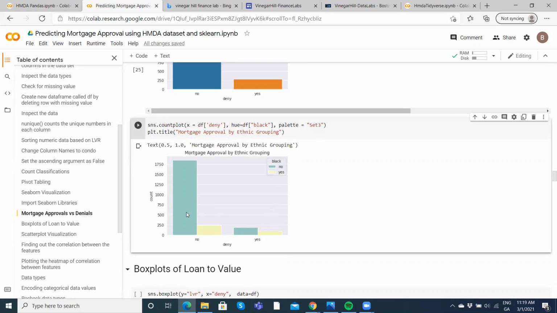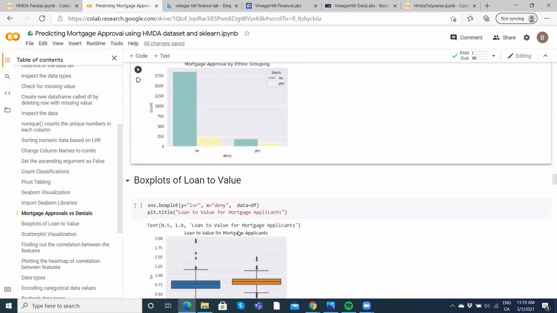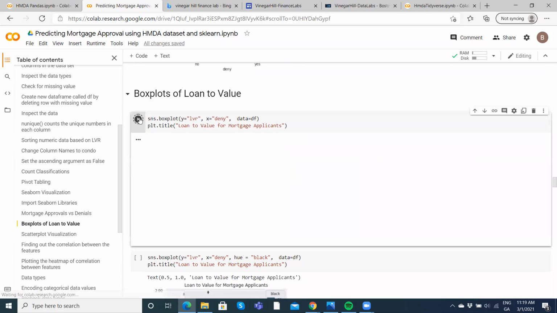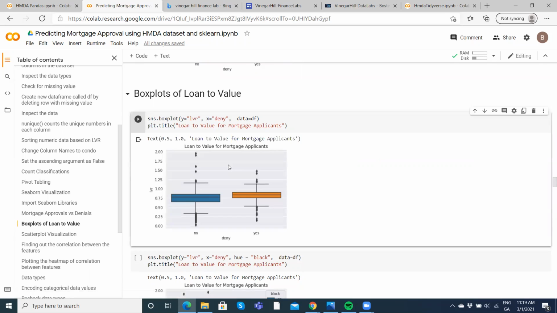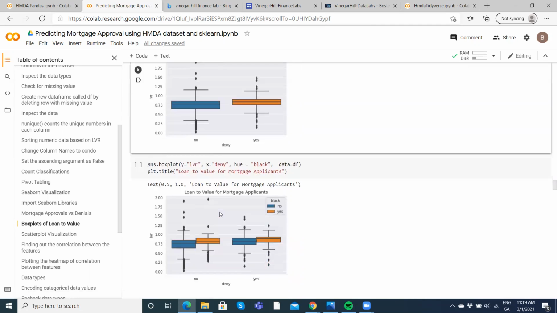The rest of the population seem to have much higher approval rates. Interestingly, if we look at the LVR, the loan to value ratio, which is a key measure of risk, we can see that those who are rejected for mortgages typically have higher LVR. Those who are accepted have lower, but there's quite a wide spread.